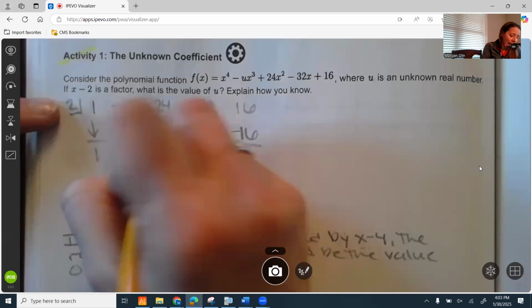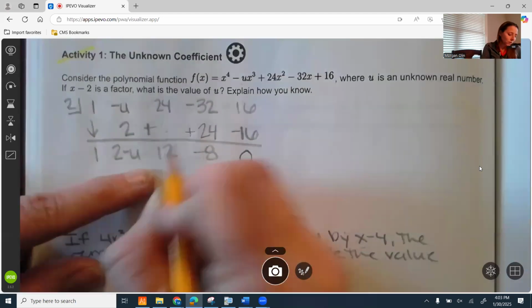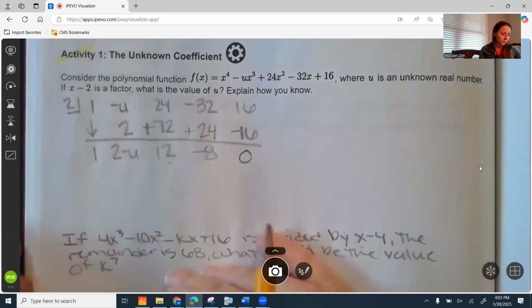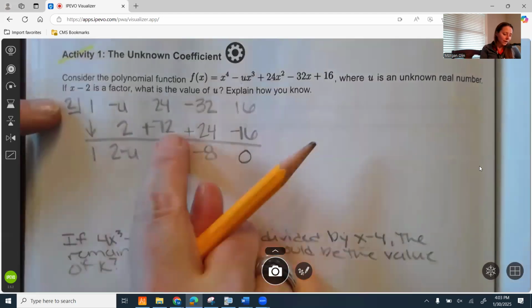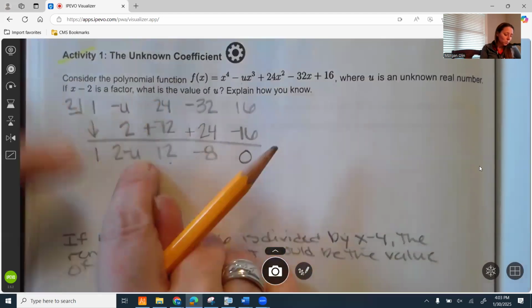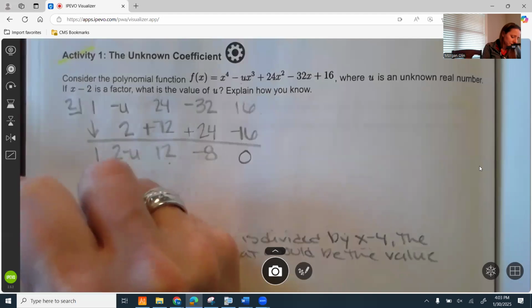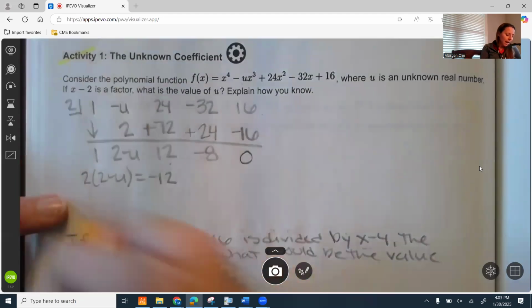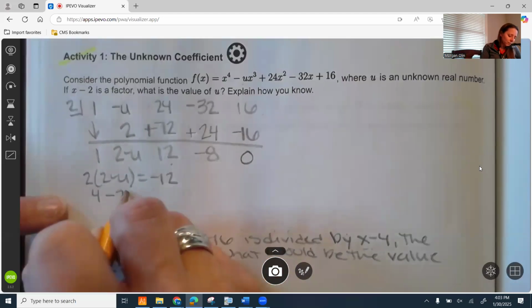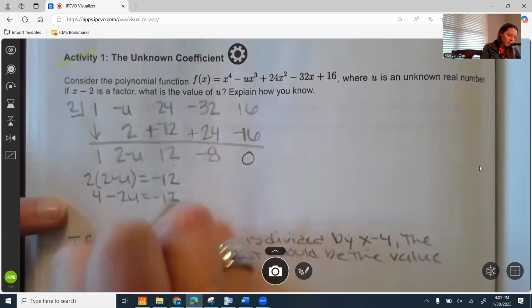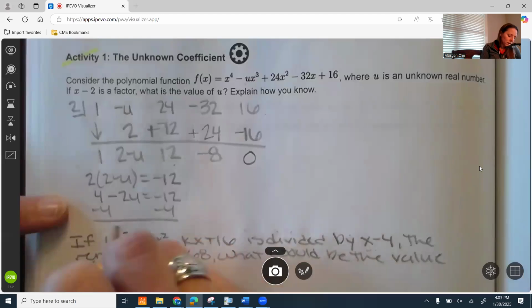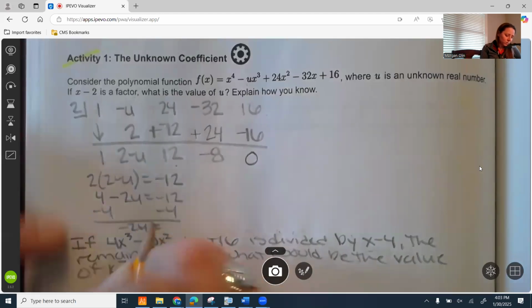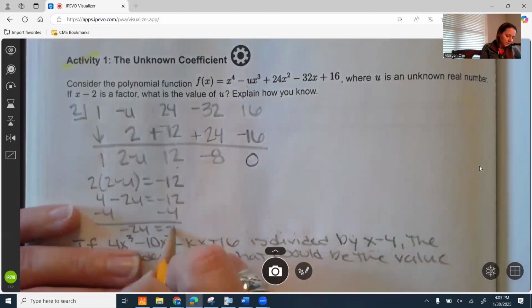Here, what do I add to 24 to get 12? You would add negative 12. And now look at it. I have a u. So 2 times whatever this is supposed to equal negative 12. And now I have an equation that I can solve. Minus 4, and we get negative 24 equals negative 16.